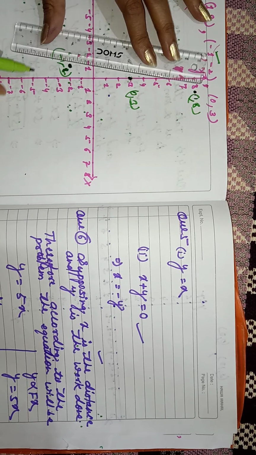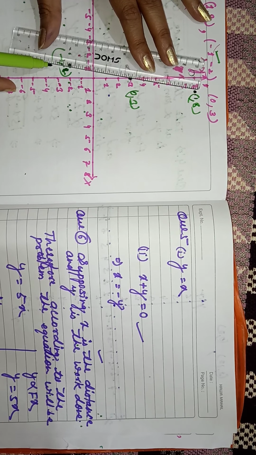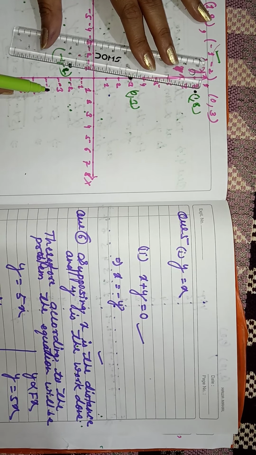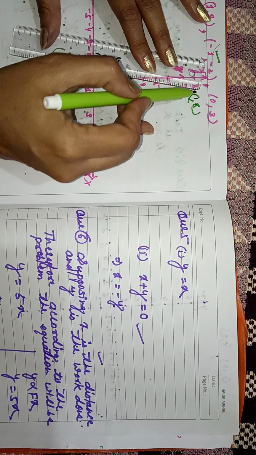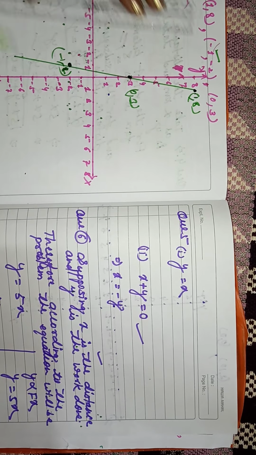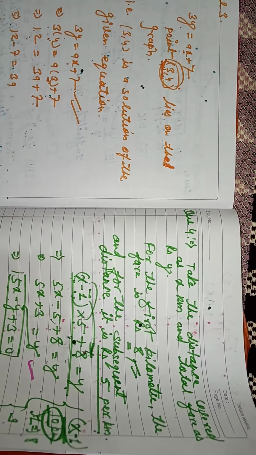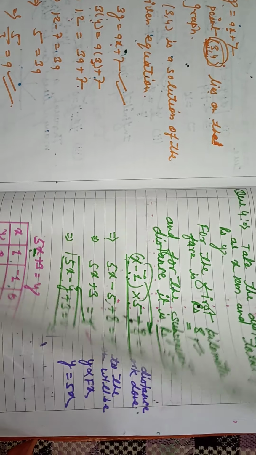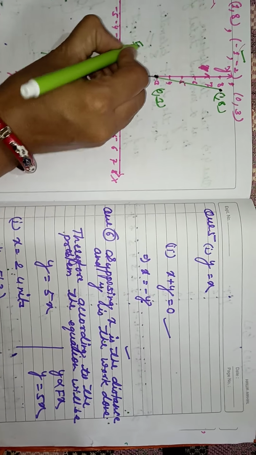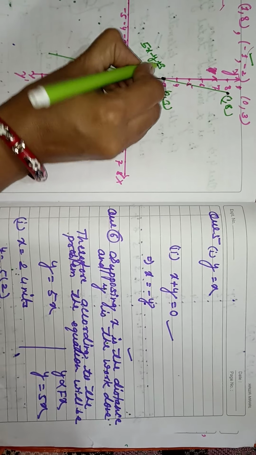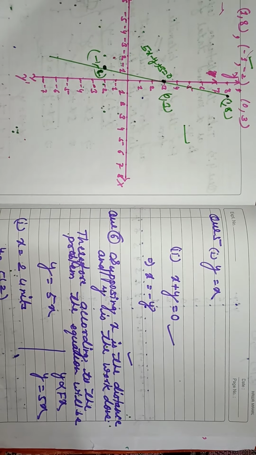Now I am going to join these points, so it will make a line, the graph for the given linear equation. What is our linear equation? 5x minus y plus 3 is equal to 0.